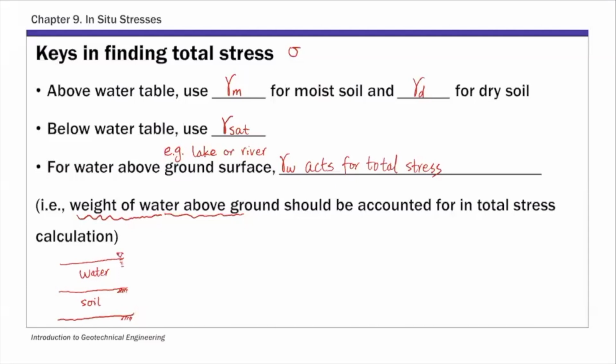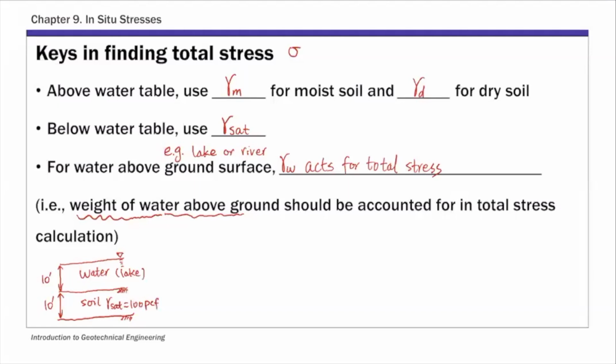In this case, say the depth is 10 feet and 10 feet here as well. And just to make the calculation easier, I'm going to assume saturated unit weight is 100 pounds per cubic foot, just to make the calculation simpler. Okay. So let's say in this case, you have soil below the water table. So this is say a lake.